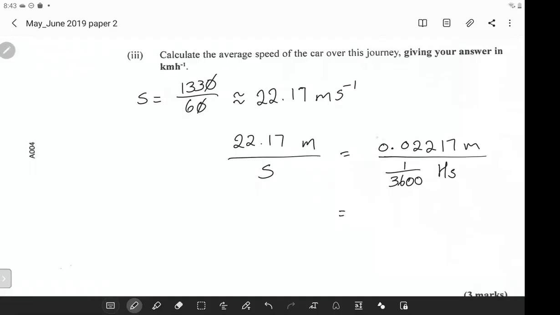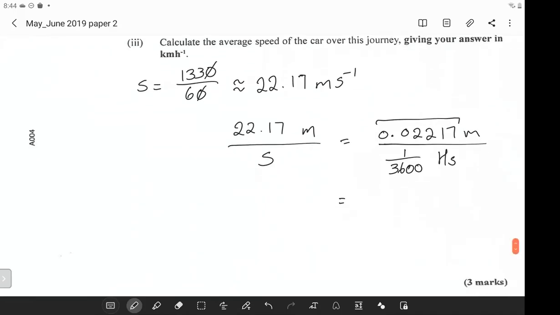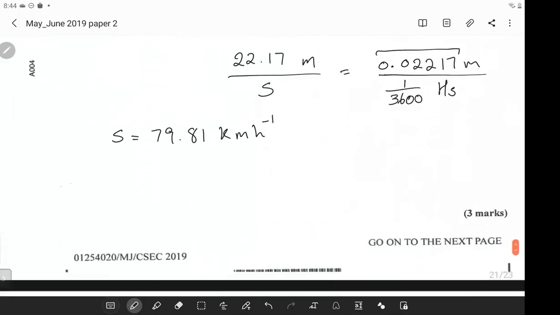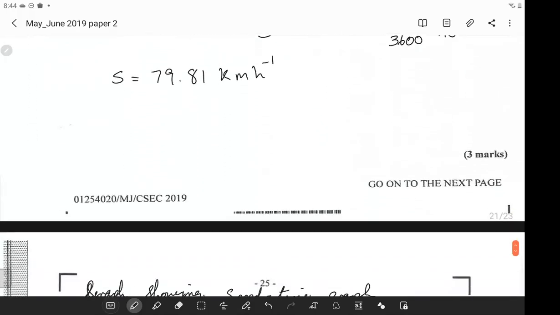So if you multiply this by 3,600, we get the average speed to be 79.81 kilometers per hour. Right, and that's our average speed in kilometers per hour.